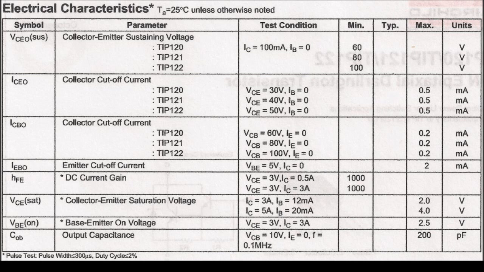Saturated voltage. Now, this refers to how much voltage it takes before the transistor is saturated, meaning that once the transistor hits, in this case, the collector running at 3 amps and the base operating at 12 milliamps, it takes 2 volts before the transistor becomes saturated.